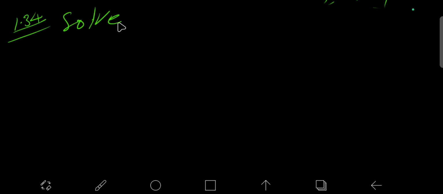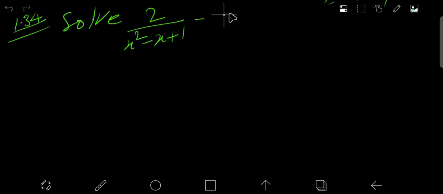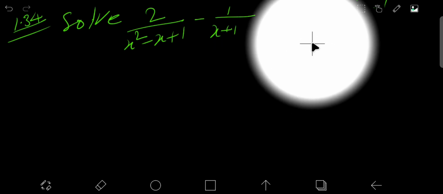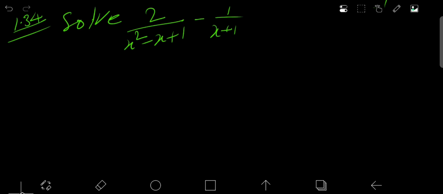Now we write here question number 1.34. The question asks you to solve this complex problem: 2 by x square minus x plus 1, minus 1 by x plus 1, and minus 2x minus 1 divided by x cube plus 1, where x cube plus 1 is greater than or equal to 0.